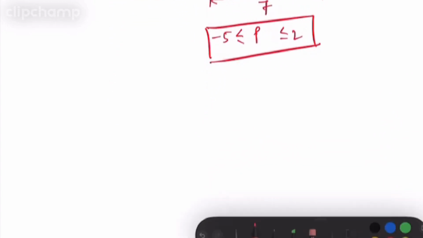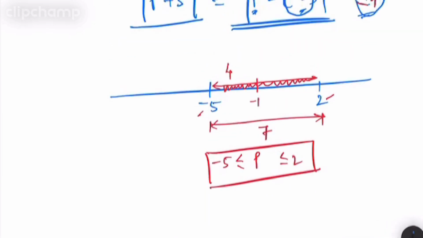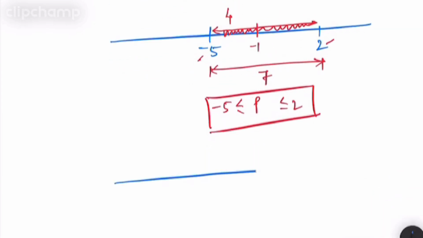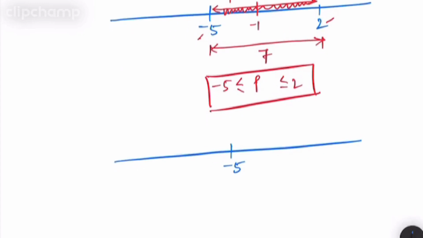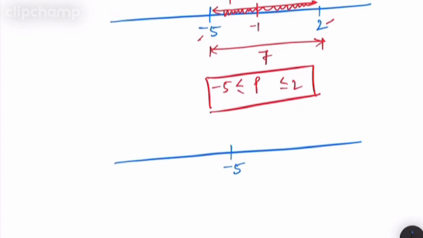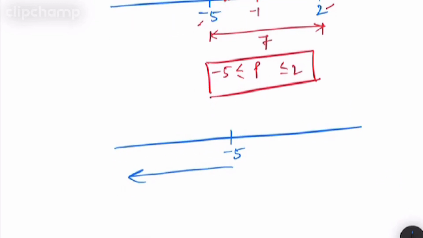Now let's see the negative values. Again we will draw the same number line. Here it is minus 5. Now we will consider p on this direction, towards the left side of minus 5. Again, what is the distance that the same person needs to travel so that he covers a total of 7 units?